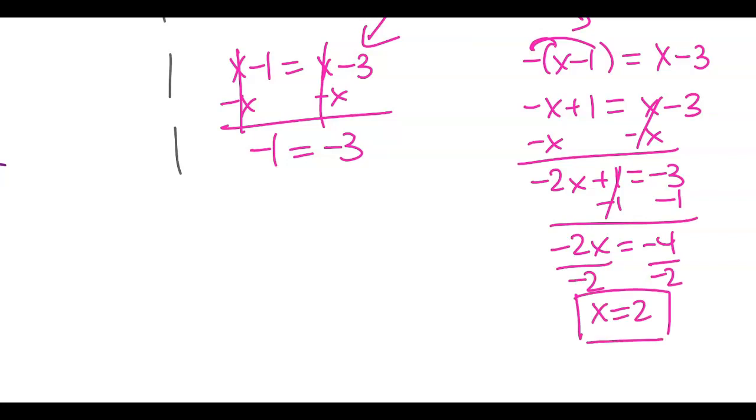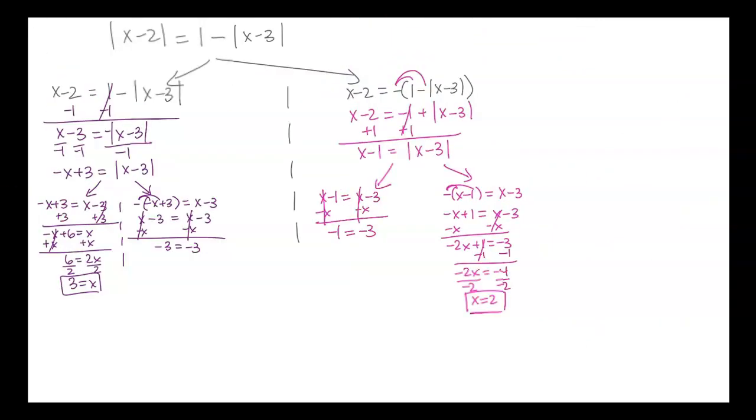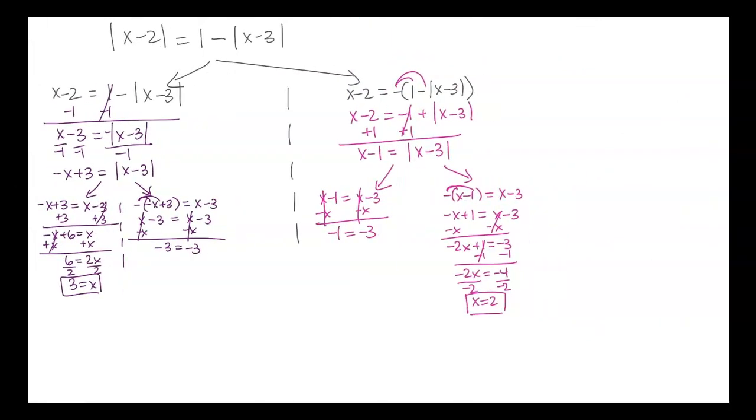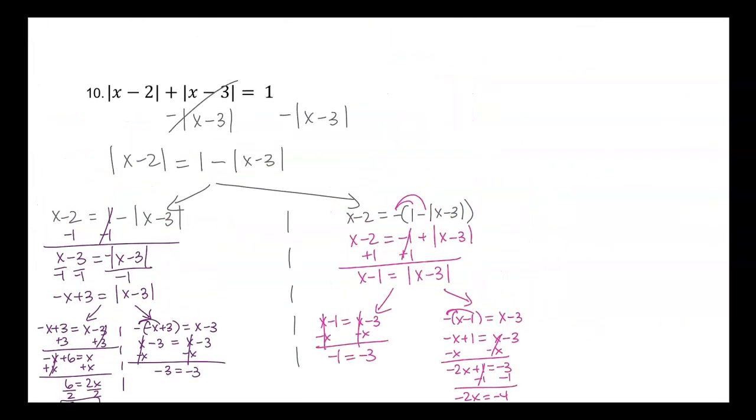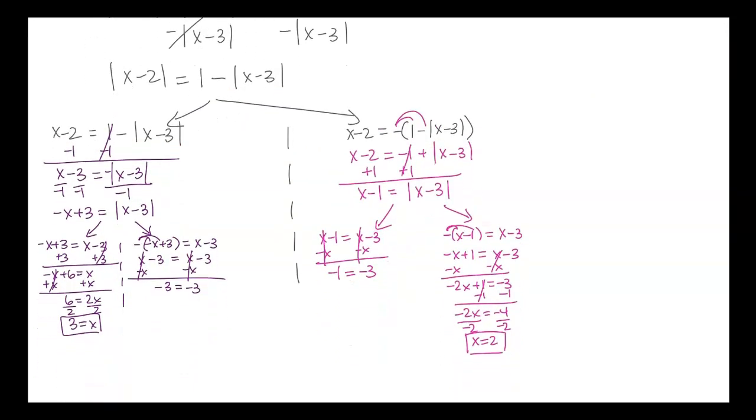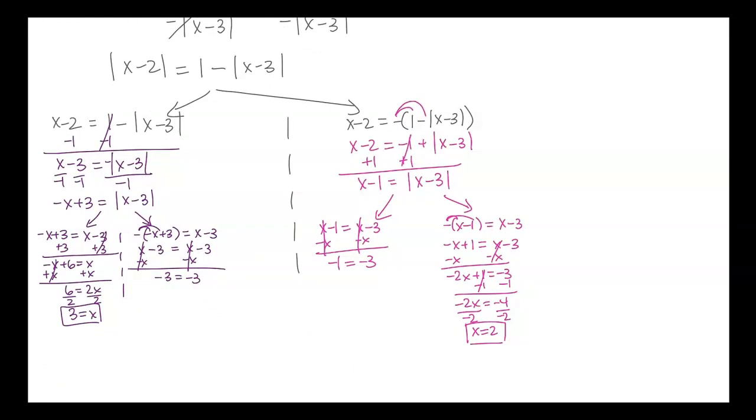So let's take a second and look at everything. Okay, here's all the stuff that we did. We created from the original problem. We had to move so that way you had one absolute value equal to another absolute value like we see here. And we had to split this into two cases. We did that in gray. Once we had both of those cases, we had to further separate it into two more cases.